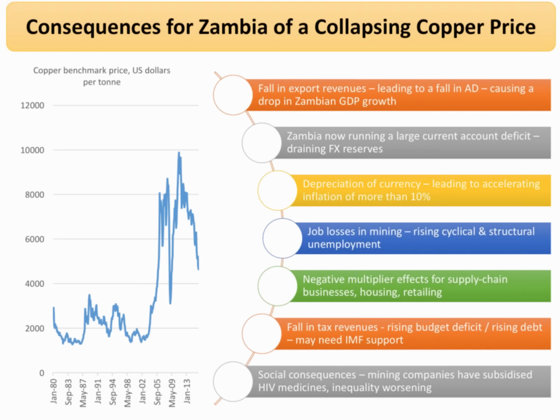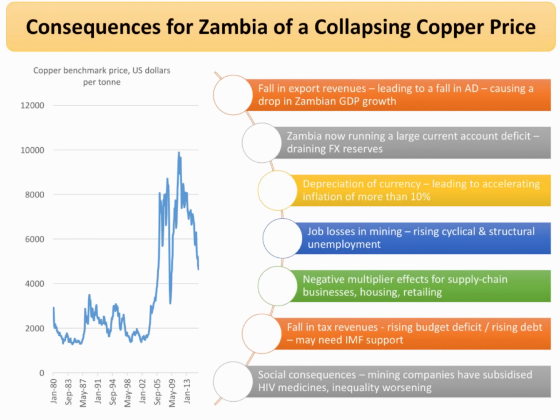The fall in the price of copper is also causing significant depreciation of their currency, and that's leading to a spike in things like food prices and the cost of essential raw materials. Inflation in Zambia is already more than 10%. Some people think it's closer to 20%. And the only saving grace for Zambia this year is the fact that the price of oil is so low. It's kind of helping to offset the exchange rate fall.